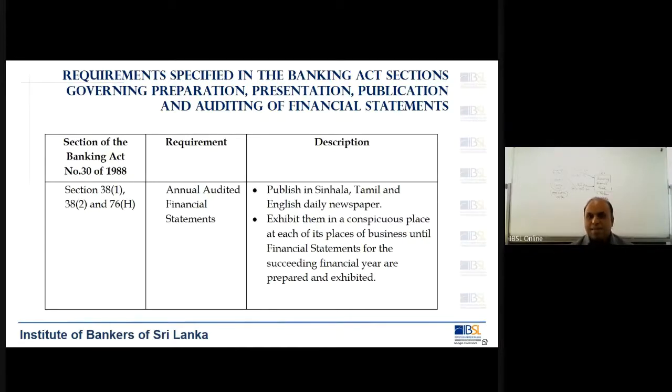Conspicuous place means that when customers enter your branch premises, they should be able to see your audited financial statement. You can't be showing them a book and saying this is our annual report. No, that is not the requirement. The requirement is that in every branch where customers have access, your annual audited financial statements have to be displayed.